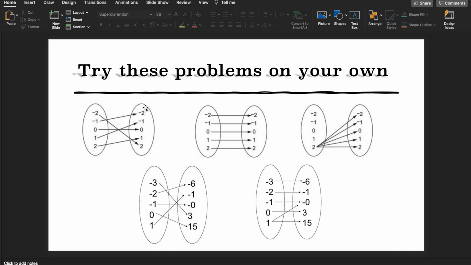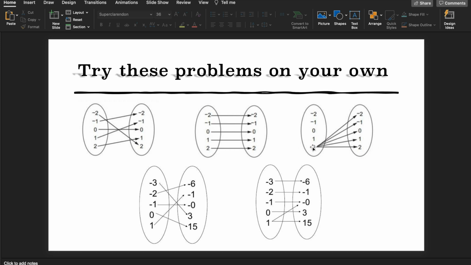This is a function because one value of x maps to only one value of y if you check for all of them. And this is a very special kind of function which we will do later. Only one value of x is being mapped to only one value of y, so this is a function. How about this?